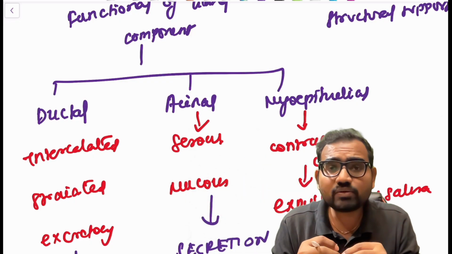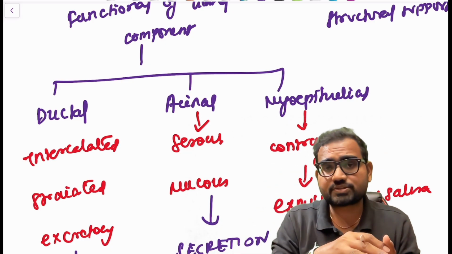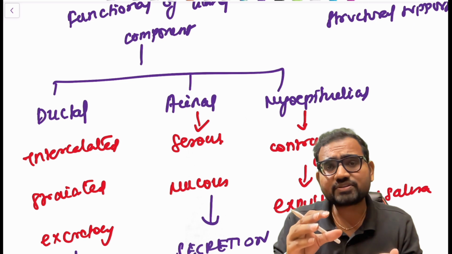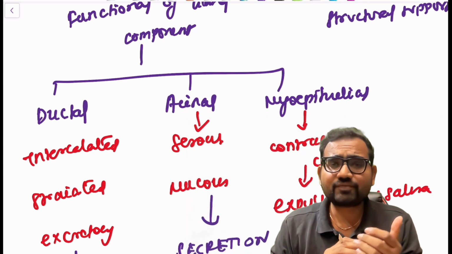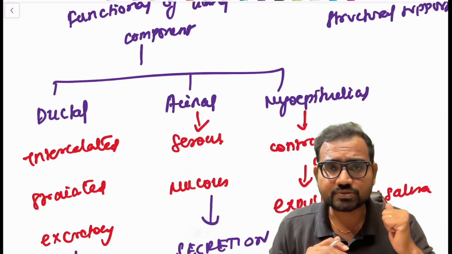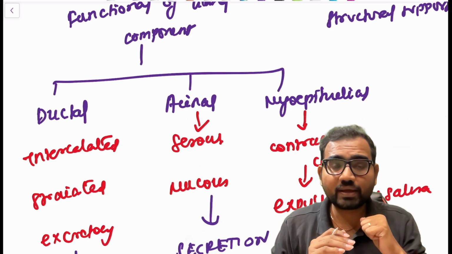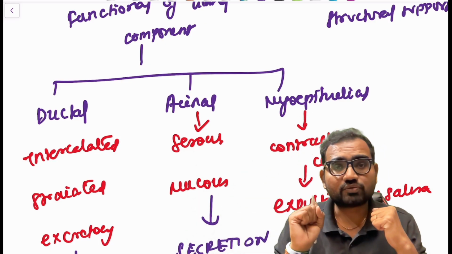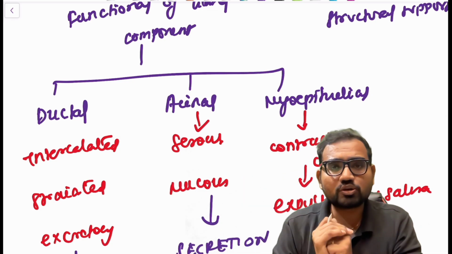They will secrete collagen, or certain substances responsible for the addition of the stroma. Say, for example, a stroma has ground substances. Myoepithelial cells will secrete ground substances, collagen, extracellular matrix. So it is helping the connective tissue. It is not a true connective tissue, but it is helpful for the formation of stroma.